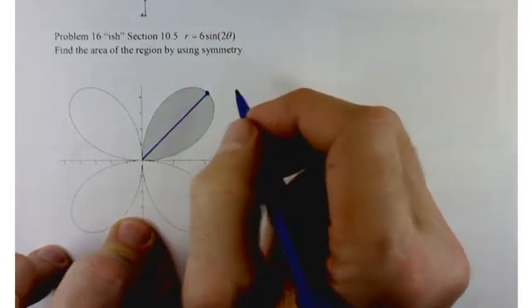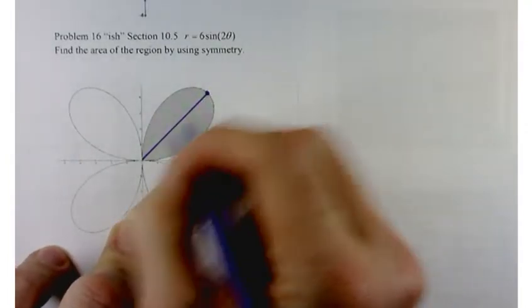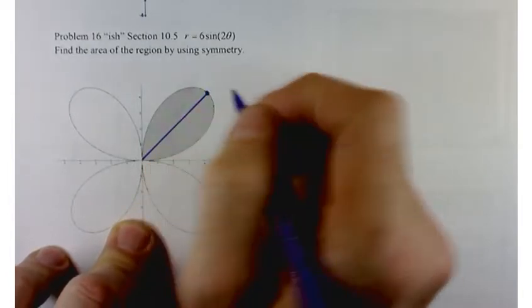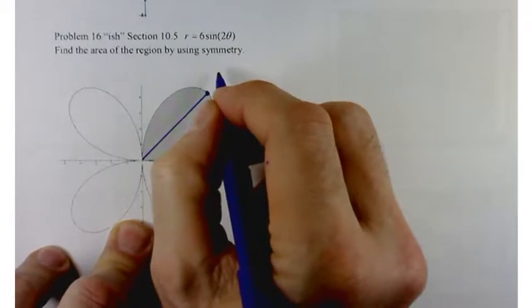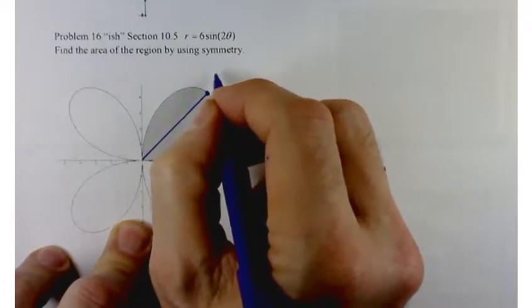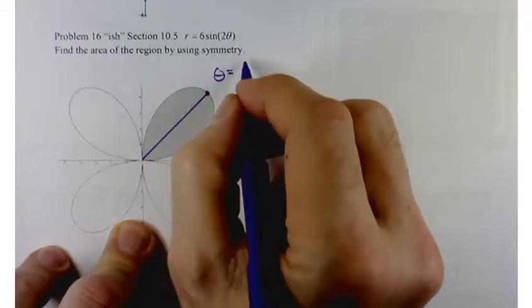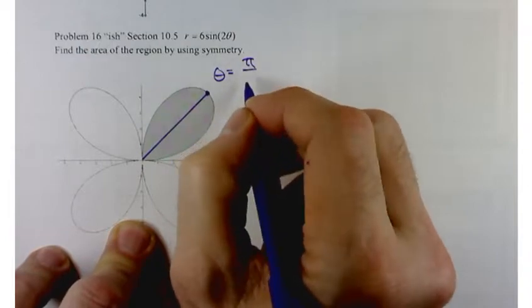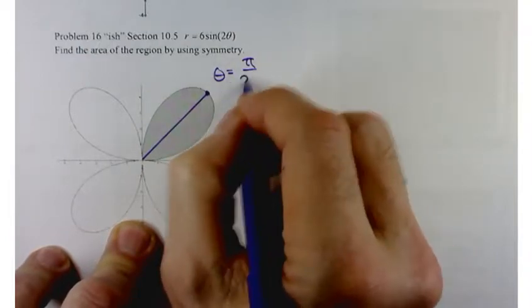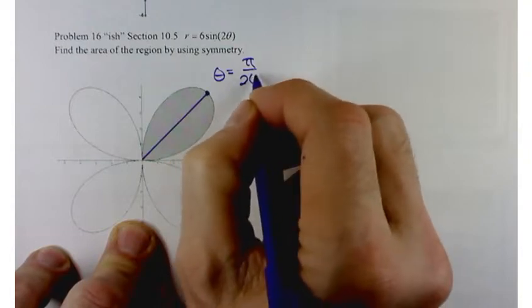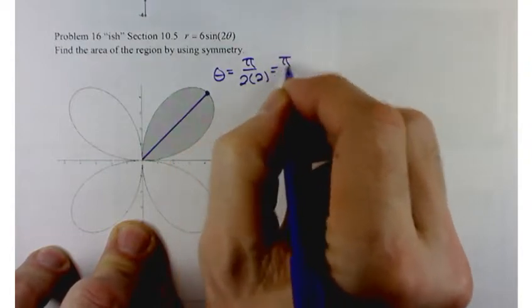Now, I think we went over a formula to find the axis of symmetry in section 10.4. And that axis of symmetry was theta equals pi over, what was it, 2n? Yeah, 2n. 2 times 2 in this case, so in other words, pi over 4.